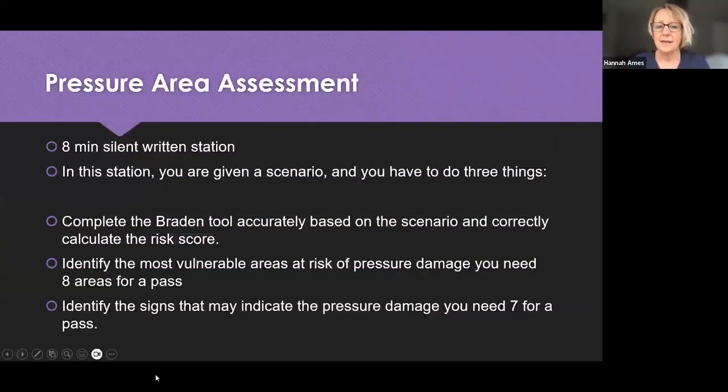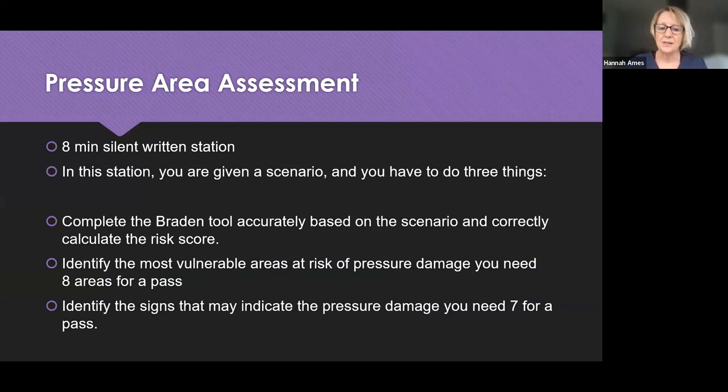This is an 8-minute silent written station, so no verbalization, you might be pleased to hear. In this station, you're going to be given a scenario and you're going to have to do 3 things. The first thing is you're going to need to read that scenario and, based on the information, complete the Braden tool correctly and calculate the risk from pressure damage development using that score.